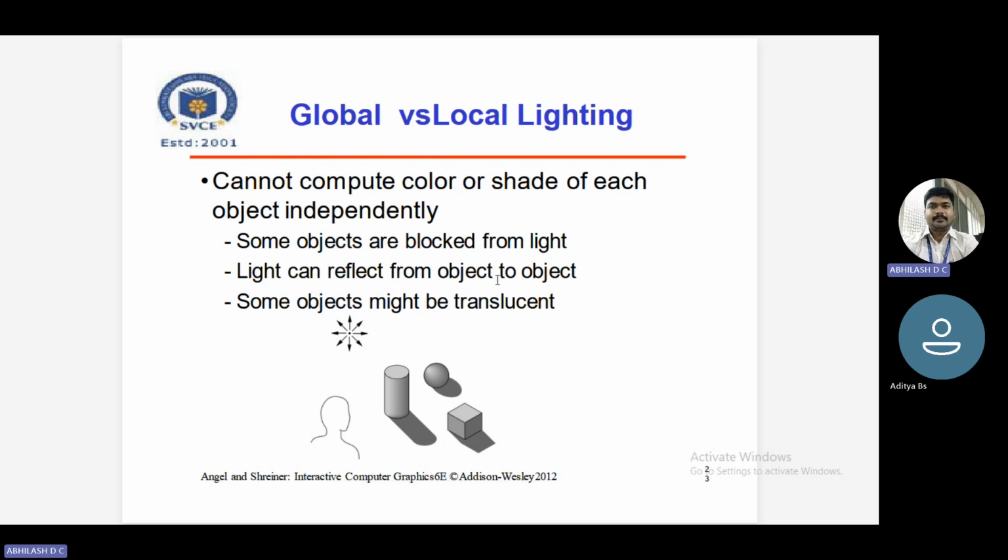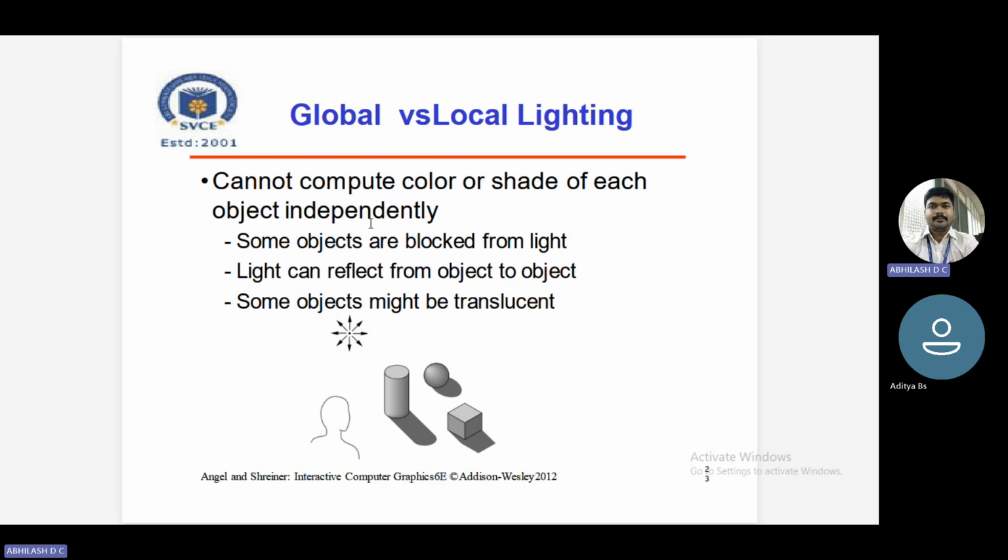So next is global versus local lighting. We cannot compute the colors or shade of each object independently. Some objects are blocked from the light, because with some objects the light gets absorbed, with some the light gets reflected, and with some the light passes through.